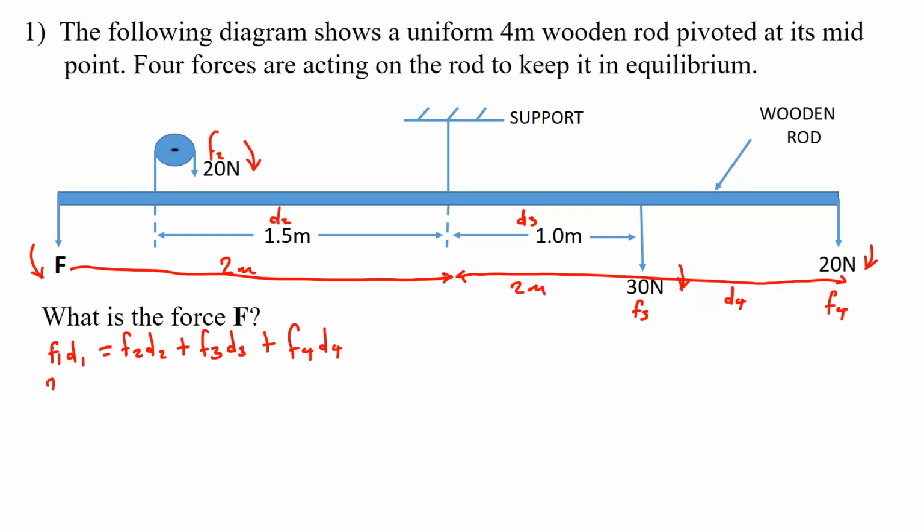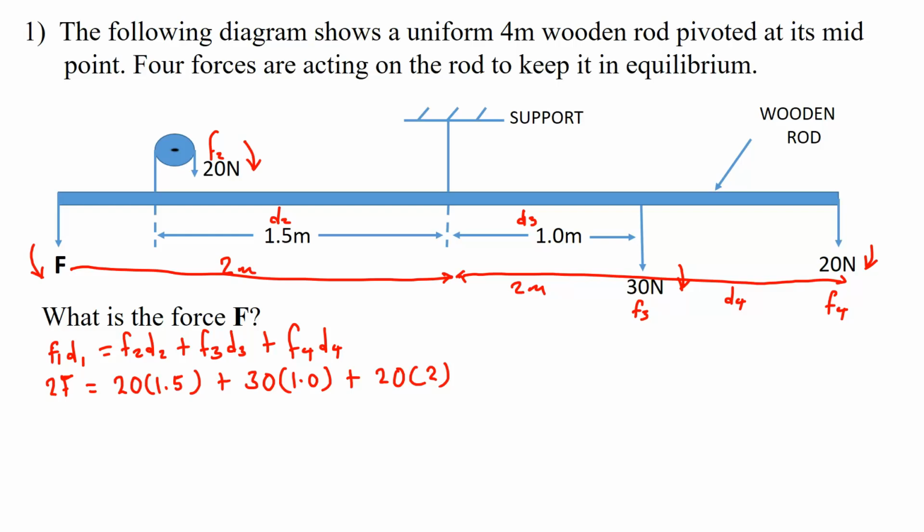So we can write 2F equal to the F2, we say that it is 20, and then multiply it by 1.5, which is the distance 2, and then plus the F3, it is 30, and then the distance from the pivot, it is 1 meter, and then plus the F4, we have it as 20, and then the distance, it is 2 meters.